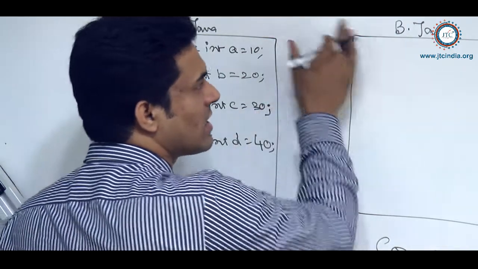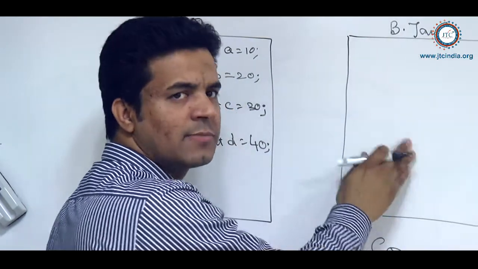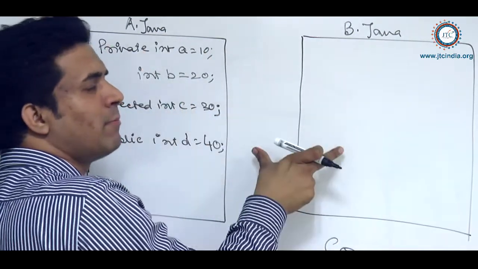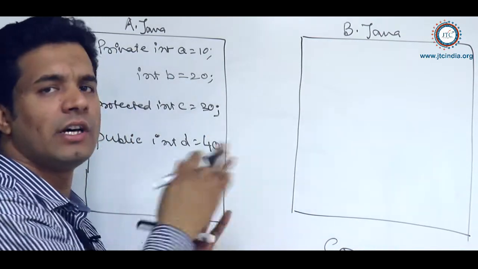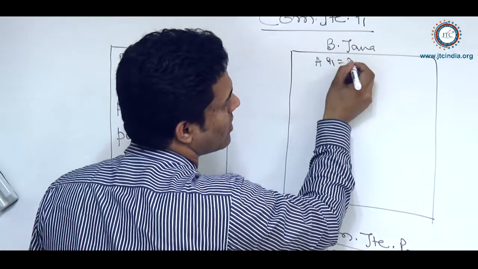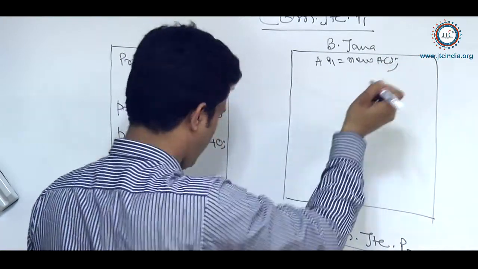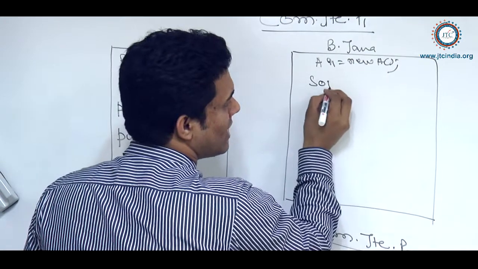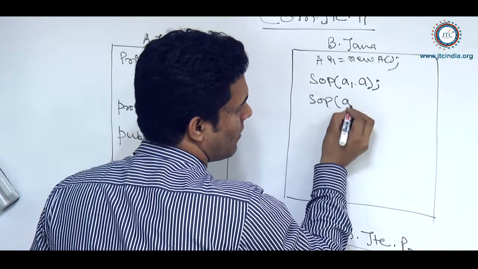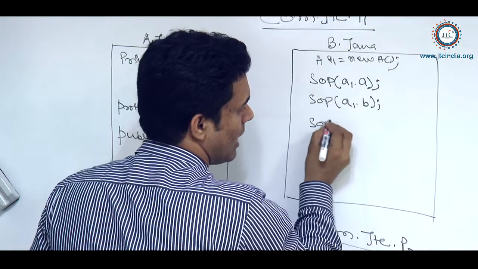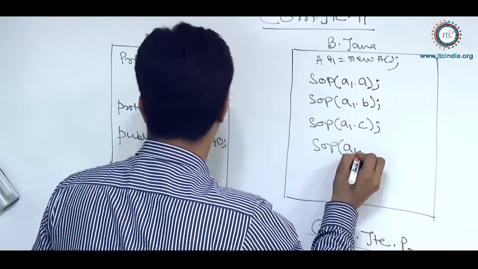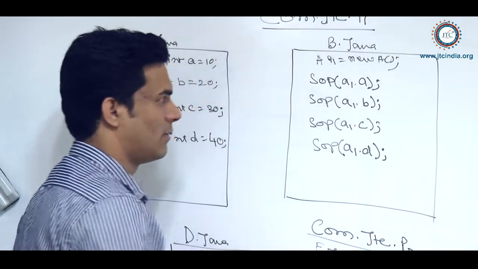Now, within the same package there is another class, class B. In class B, I want to access the variables of class A. So I have to create the object of class A: A a1 is equal to new A(). Then SOP of a1.A, SOP of a1.B, SOP of a1.C, and SOP of a1.D.